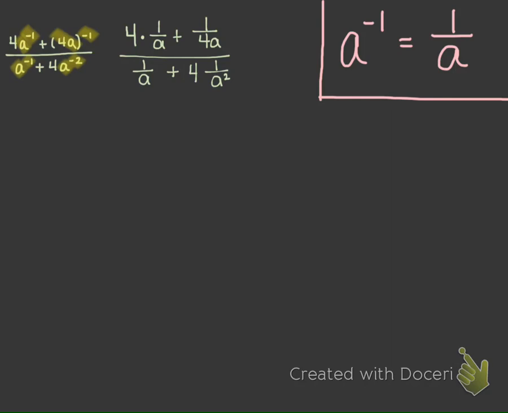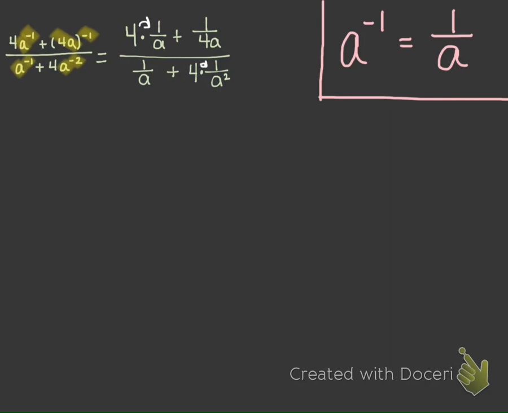Now we've got a mix of fractions and 4s. Some are in the denominator, some are just sitting next to a fraction. So let's rewrite this one more time to take some of that out and resimplify. This 4 times 1 over a would just give me 4 over a, because I can just mix it in. And the same here.